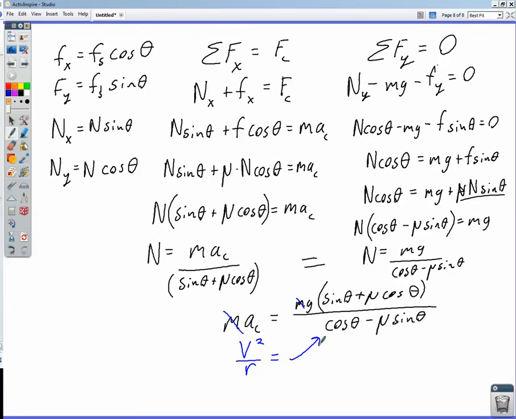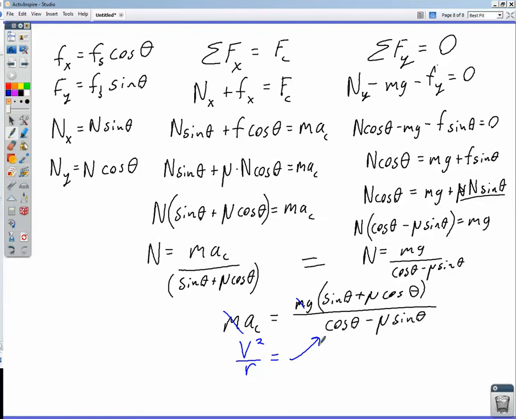So here then is our starting point for solving for things like what is the maximum velocity a car can go through a curve of radius r and bank angle theta if the coefficient of static friction is some coefficient mu. So you just multiply both sides by r, take the square root, and that's going to give you v. This result is not nearly as easy to memorize. It's not easy to derive either, but there it is.